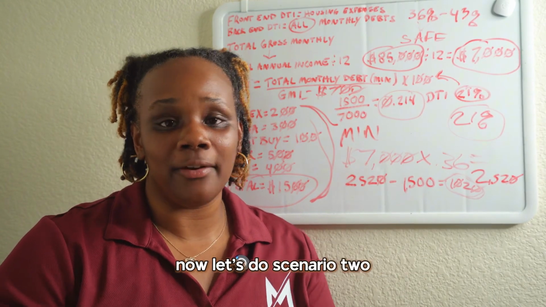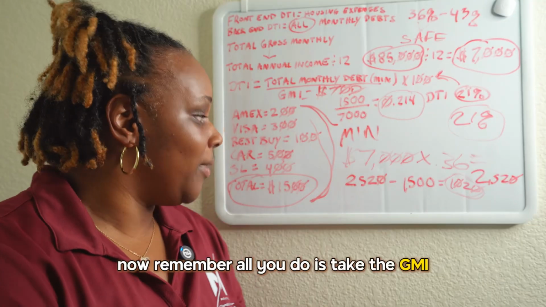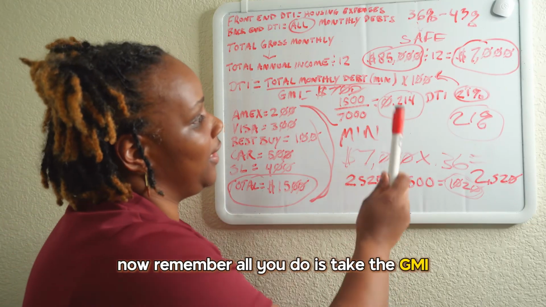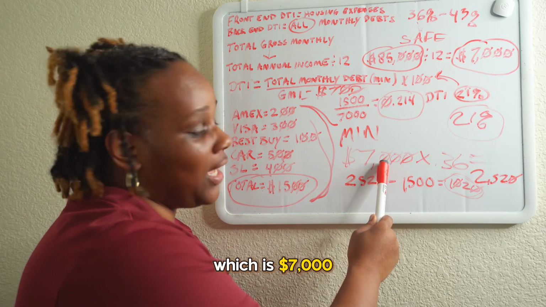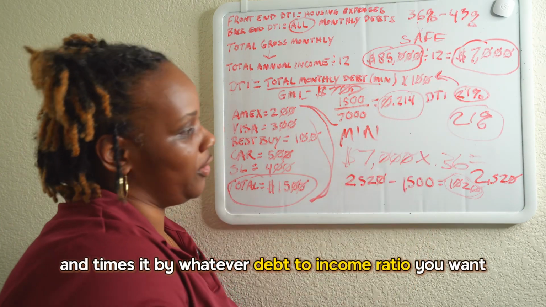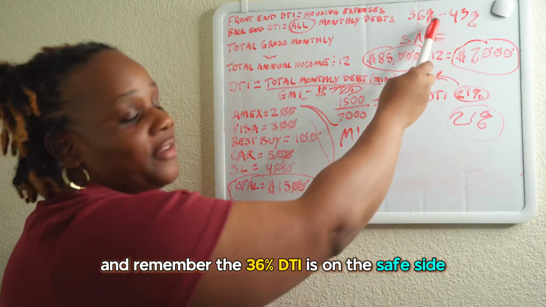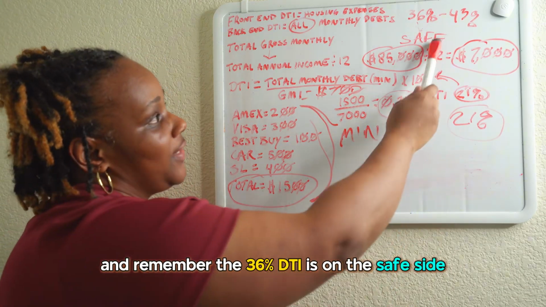Now, let's do scenario 2, where we're gonna use the 43% DTI. Remember, all you do is take the GMI, which is $7,000, and multiply it by whatever debt to income ratio you want. And remember, the 36% DTI is on the safe side.